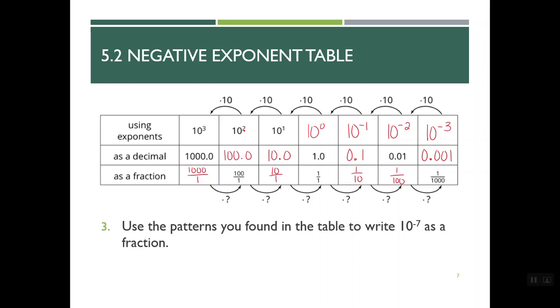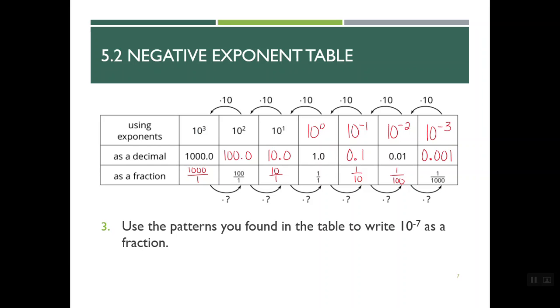We go to 10 squared, we would have 100 over 1, but 10 to the negative 2nd is 1 over 100. So it's almost like the reciprocal of its match. So a positive 2 compared to a negative 2 puts 100 over 1 or 1 over 100. 10 to the 3rd or 10 to the negative 3rd, 1,000 over 1 or 1 over 1,000.